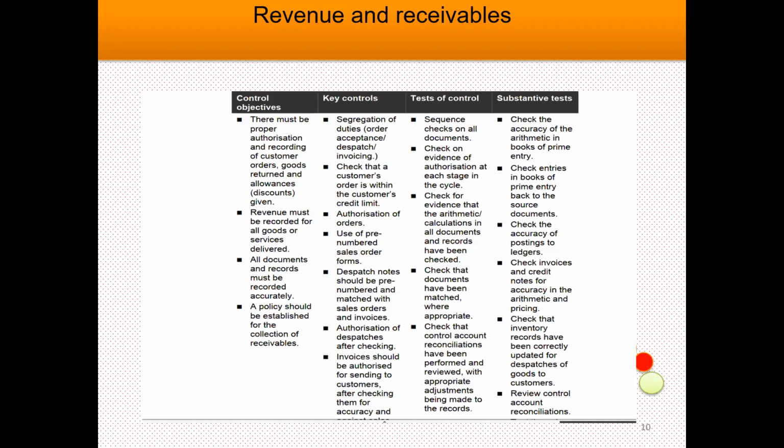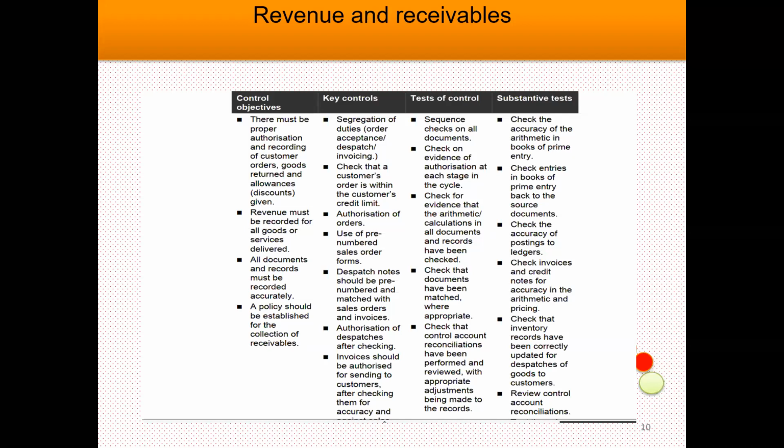Right, so let's talk about substantive tests. What do we refer to as substantive tests?